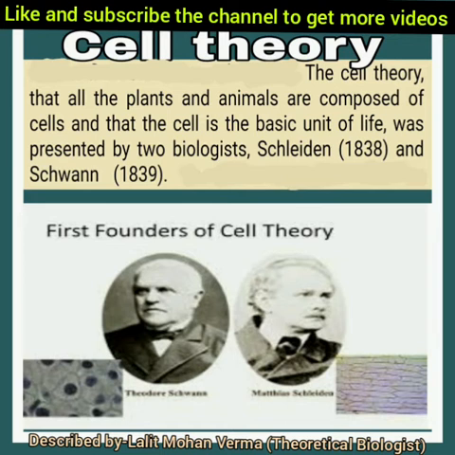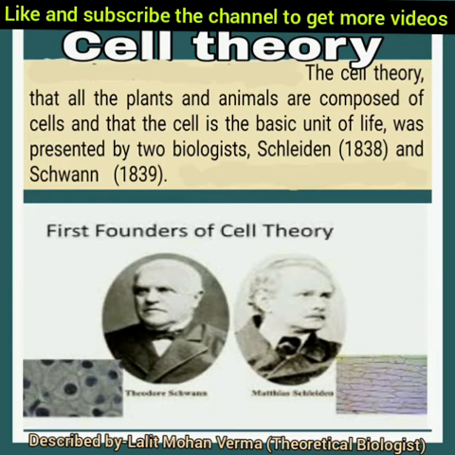Keep in mind, Schleiden was the botanist and Schwann was the zoologist. According to them, the cell is the structural and functional unit of living beings. This was the cell theory.